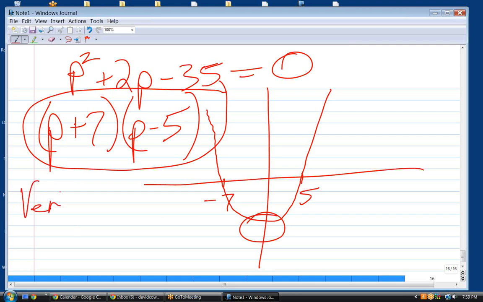Well, there's a couple of ways of figuring out the vertex. First of all, I need to ask you what they've taught you. Have they taught you minus b over 2a? Not yet, no. The other way to graph a parabola is to put it into vertex mode. But to convert this to vertex mode involves completing the square.